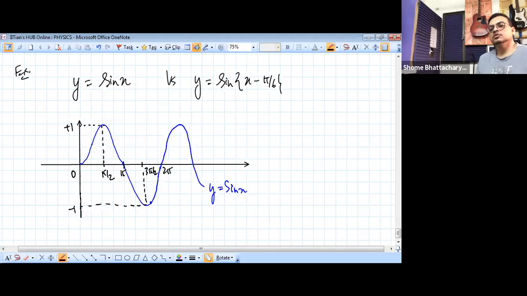Now we can also see here that pi/6 will give it the value of 0.5.